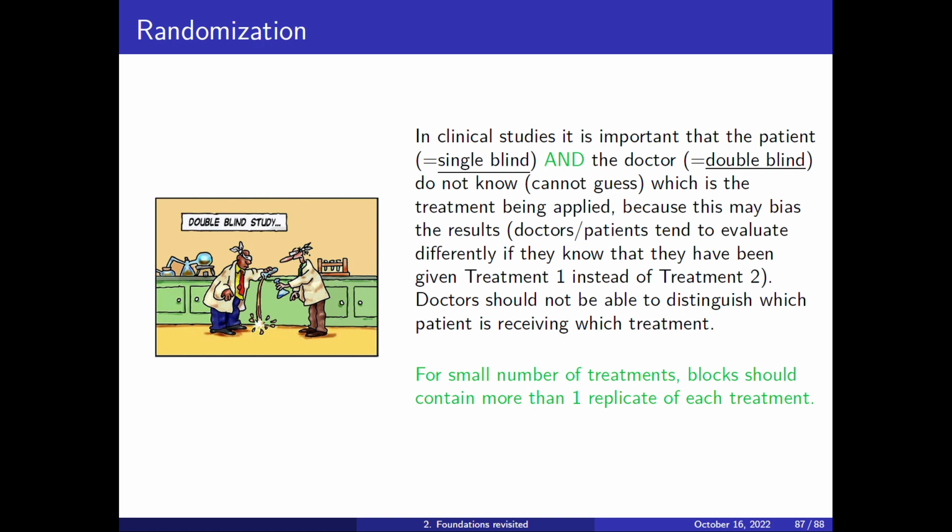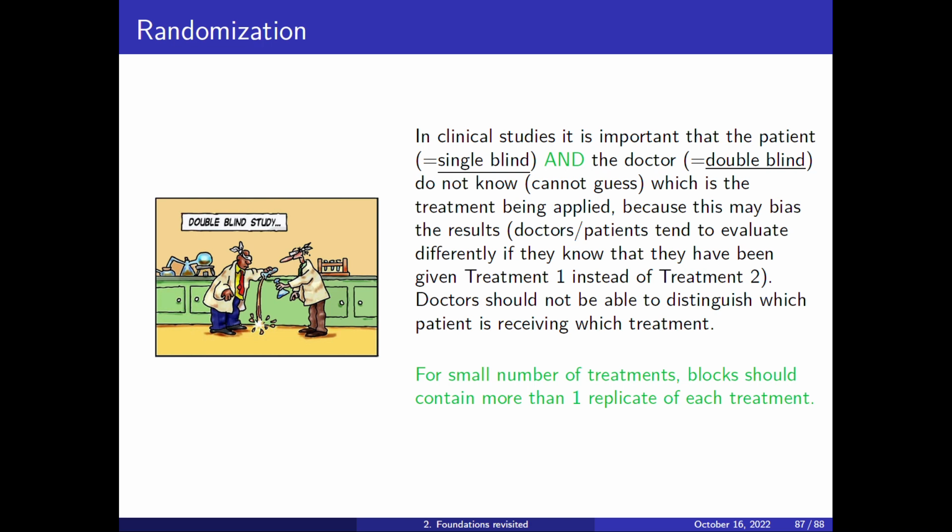We can do double blind, in which the doctor is also blind, because otherwise the doctor may somehow bias the way the information is given to the patient, or the way the treatment is applied. The reason is that doctors and patients tend to evaluate differently if they know they have been given treatment 1 instead of treatment 2.